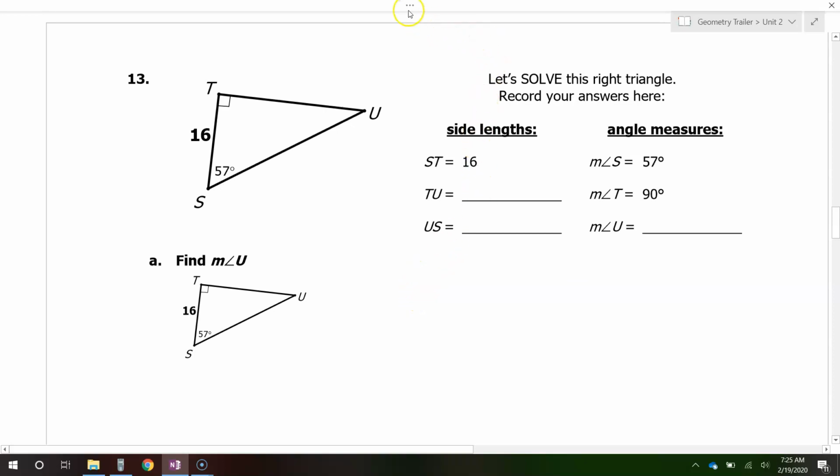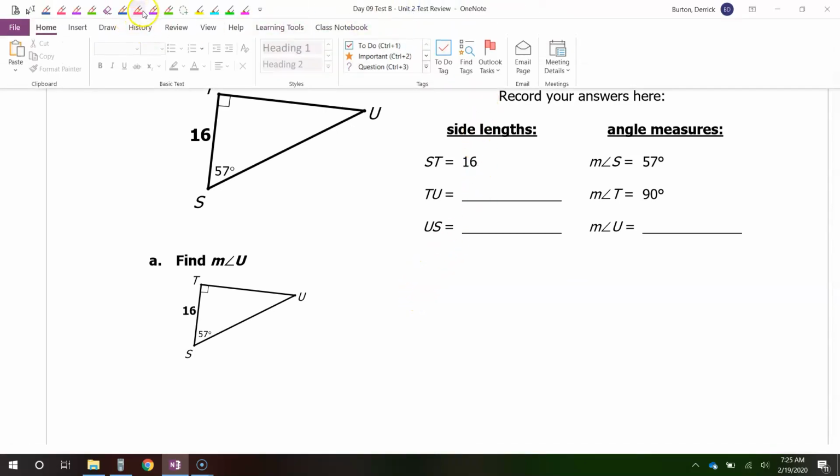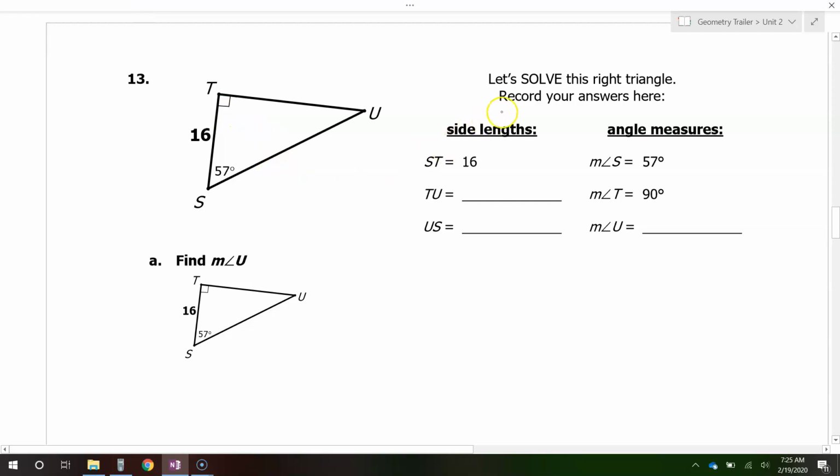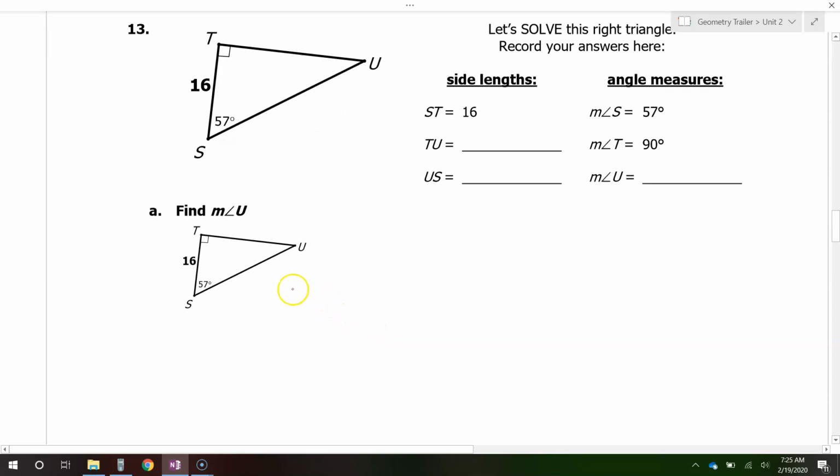Okay, moving on to number 13. Let's see, so we're supposed to solve this right triangle. We're recording our answers right here. So we are given some information and we're looking for this other information. So first, we need to find angle U. Well, that's going to be pretty easy because we're given one angle.